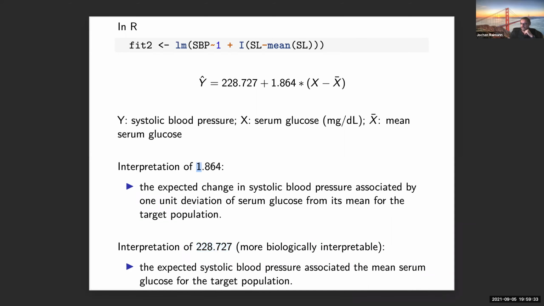Okay, but again, the interpretation of the slope remains the same. It's the change in systolic blood pressure with 1 unit deviation from the serum glucose. The interpretation of the intercept is essentially now centralized to the mean serum glucose and is not around the 0 anymore.